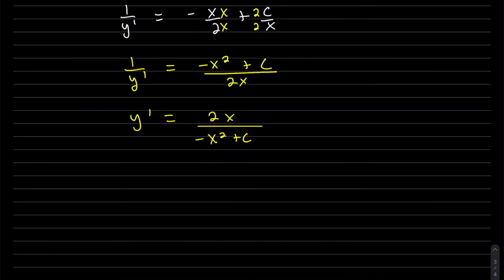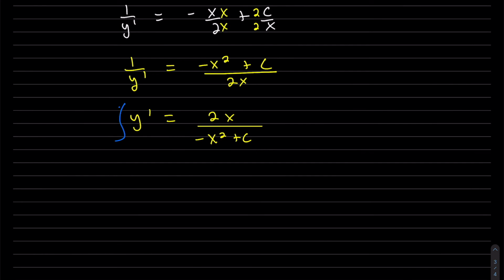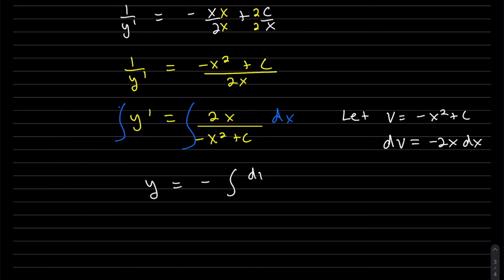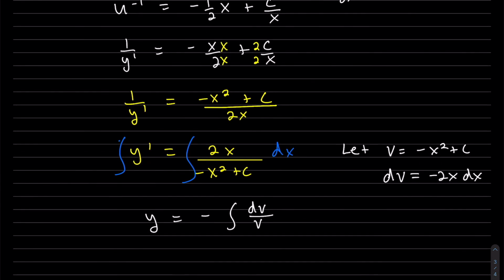So let's integrate now. That is y. Oops, let's use y. And here we are going to have to subindex this because we're going to have another constant. Remember second orders?